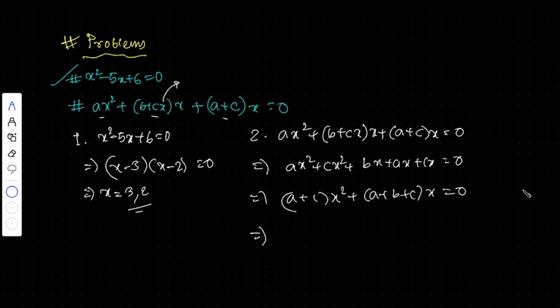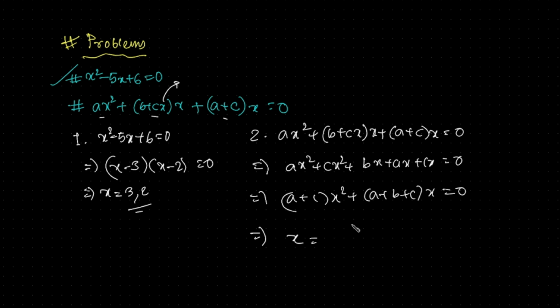Now what we need to do is, Sridhanacharya need not be used, just take x common and divide both sides, simple and quick. That should be the process.